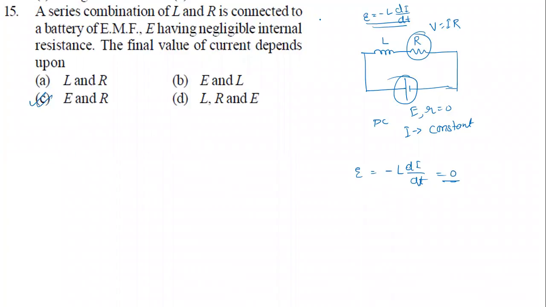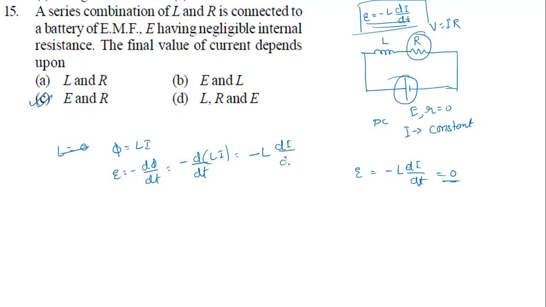Is it clear? Because we proved this. E equal to minus d phi by dt. How? Phi equal to L times I. From Faraday's law, E equal to minus d phi by dt. So it is minus d by dt of L times I. L is constant, we take it outside: minus L into di by dt.